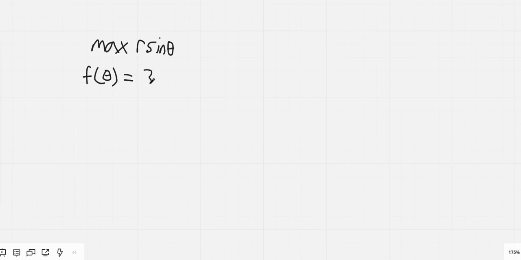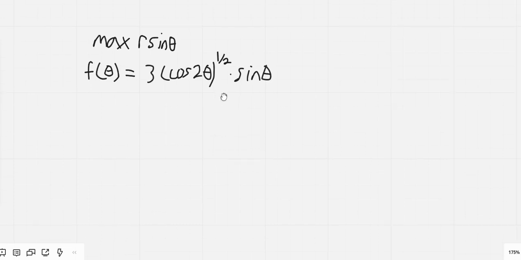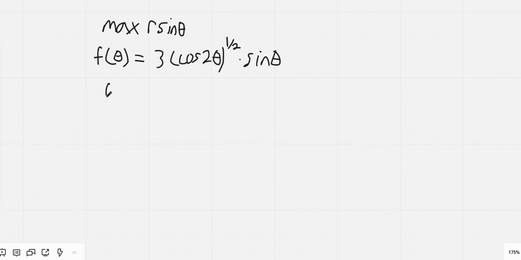So we can plug in r, which is 3 times the cosine of 2 theta to the 1/2 power, and then times sine theta. Now we have to find the solutions to f prime of theta equal to 0, because that will give us our maximum.